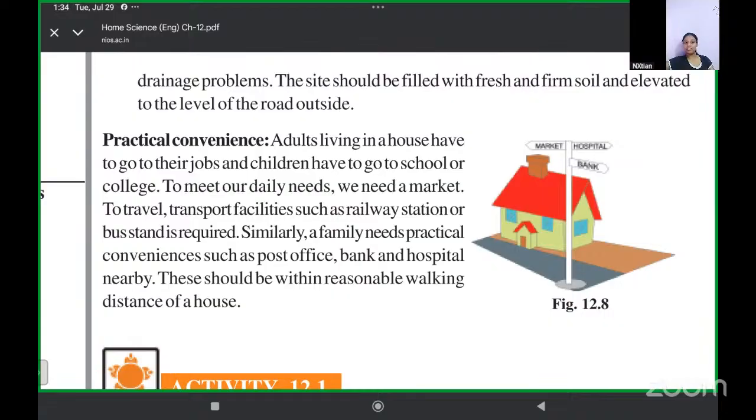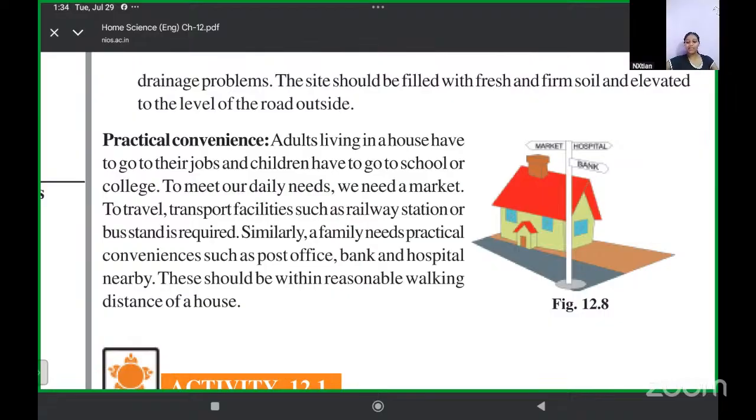You would have to travel half an hour, 1 hour to get to a bank, which would also be a problem. Similarly for schools, they should be within a reasonable distance. Not very far, like traveling 1 hour to get to school and 1 or 2 hours to come back from school. That is a lot.